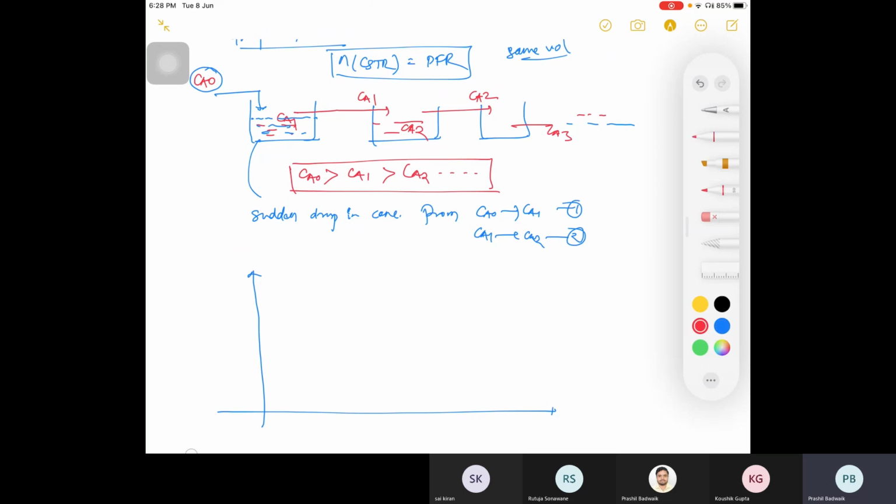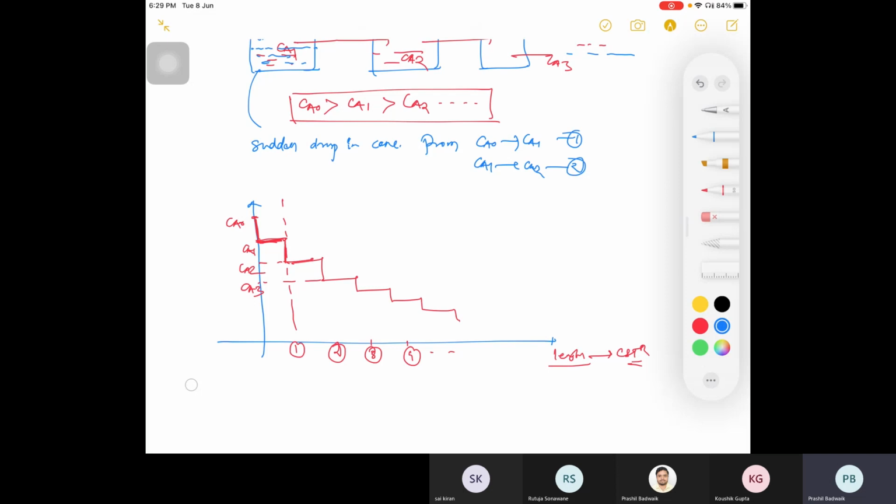It is CA0 at the start, with the number of CSTRs increasing along this axis. Initial concentration CA0 drops to CA1 and continues through CSTR1, CSTR2, CSTR3, CSTR4. Then CA1 suddenly drops to CA2, then again drops to CA3. Samjha? So the graph will be like this.